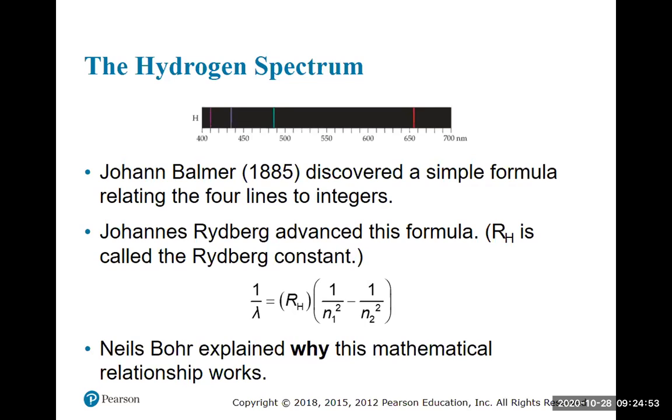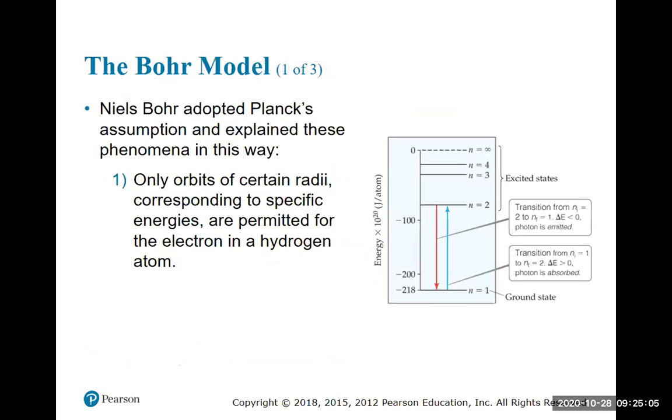I think we had some homework problems associated with using this formula, where you went from different level to different level. Those are the n values. And then you have a constant there and then a wavelength. Here they talk about, once again, that there are certain energy levels you can go to based on the energy levels for that particular atom.